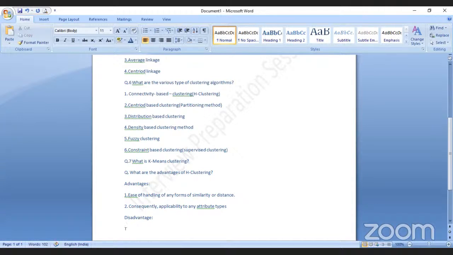So the major disadvantage is it requires the computation and storage of the n by n distance matrix.